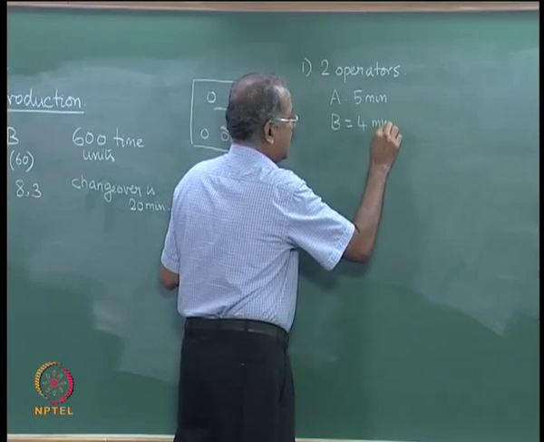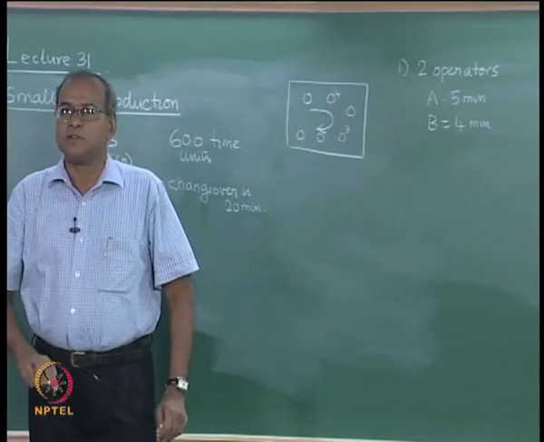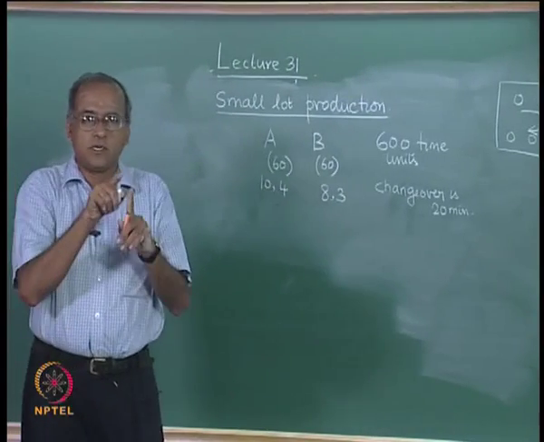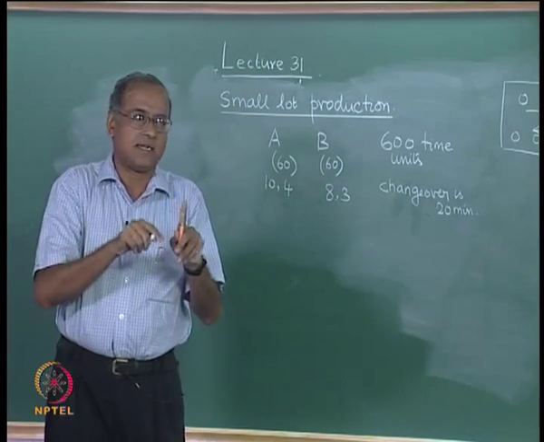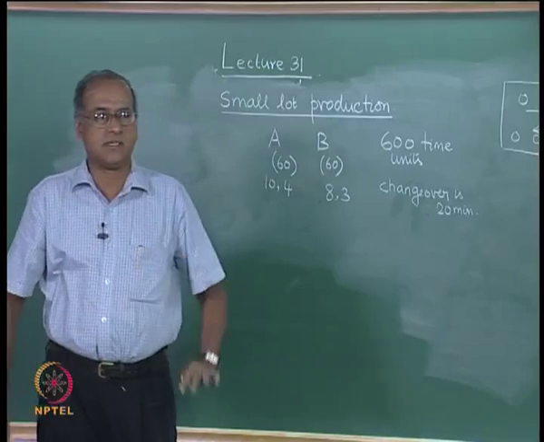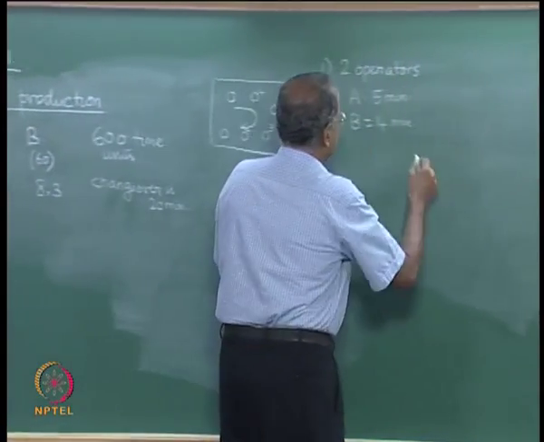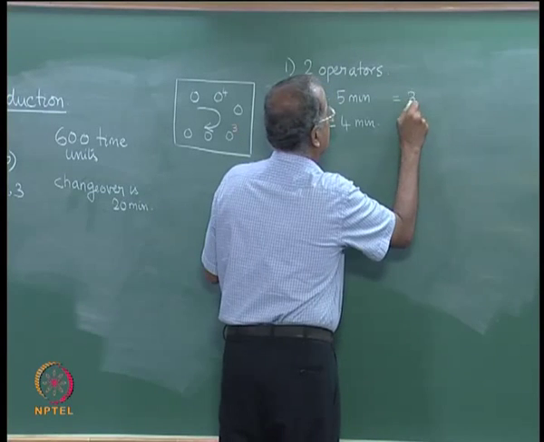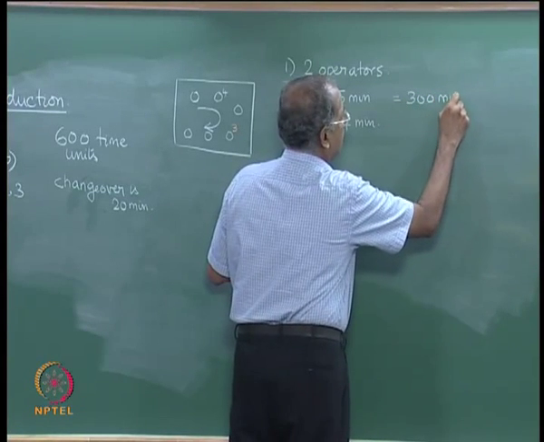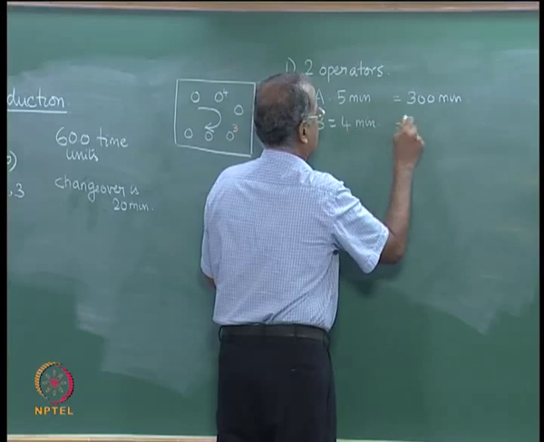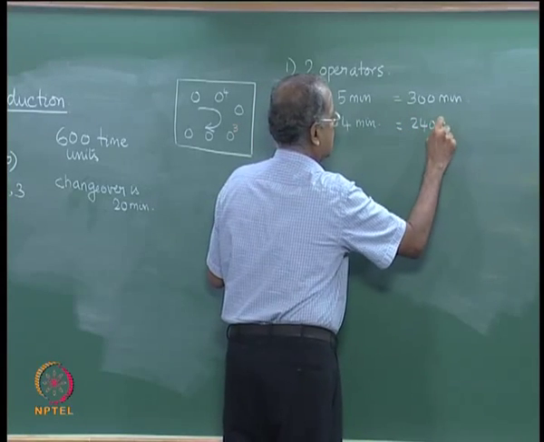If we assume rabbit chasing, the total is 8. When there are 2 operators at steady state, 8 by 2, 4 minutes is the time for each of them. The demand is 60, so 5 minutes per piece. So, this requires 300 minutes and this requires 240 minutes.